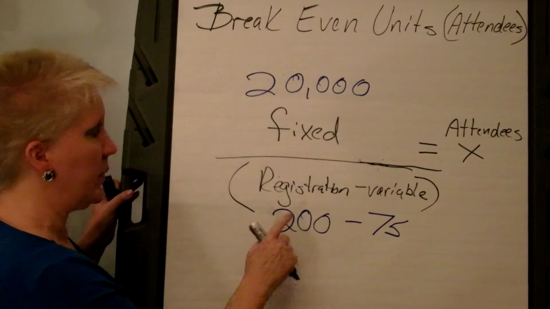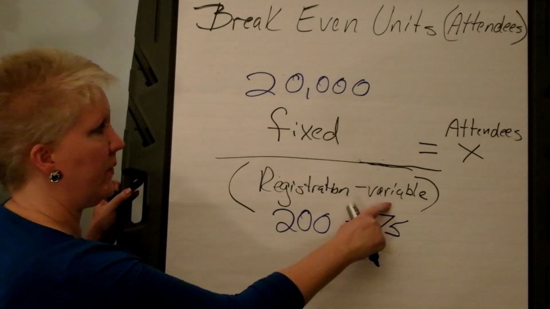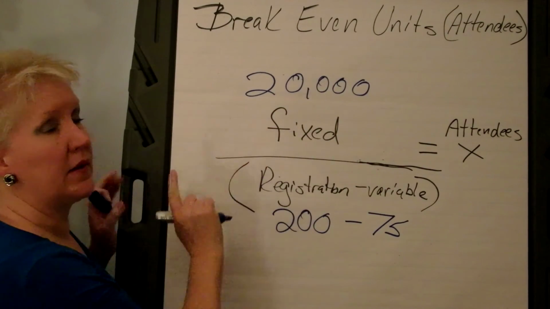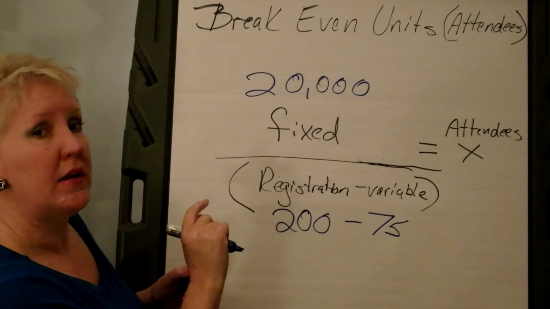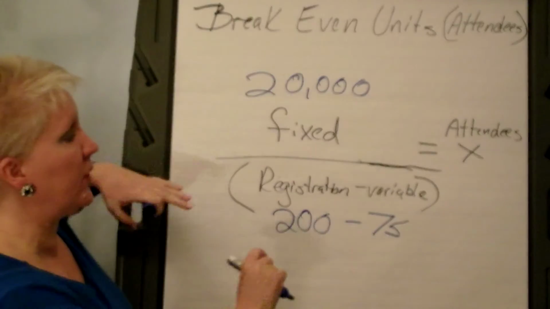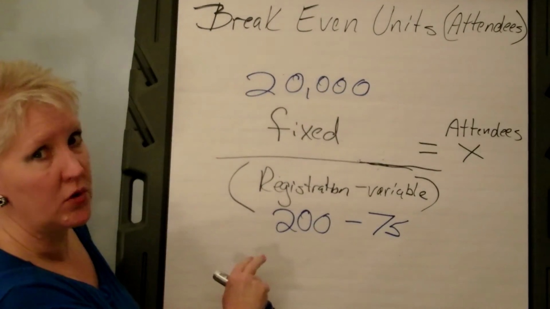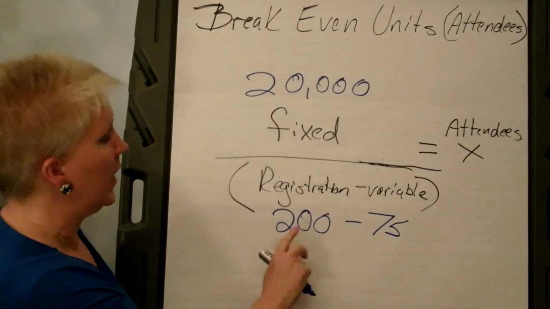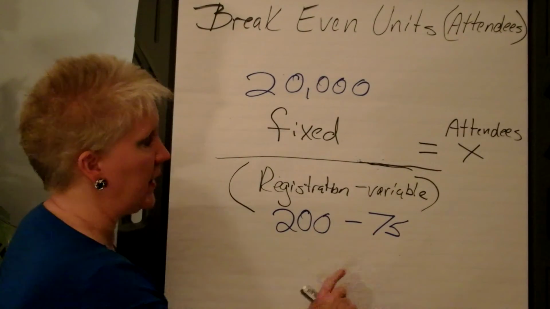Again, you will have been given the registration number, the variable number, and the fixed cost if you are on the exam. And in real life, you'll also know those for whatever reason. You will have already determined your fixed cost, your variable cost, and you know your registration is going to be 200. So we're taking 200 and we're backing out the variable.